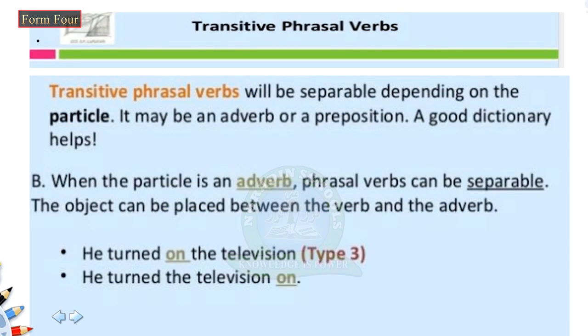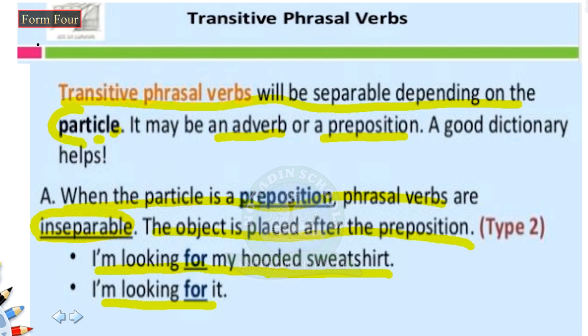What about transitive phrasal verbs being separable depending on the particle? It may be an adverb or a preposition. You have to remember, when the particle is a preposition, phrasal verbs are inseparable. This is the main point of our lesson.